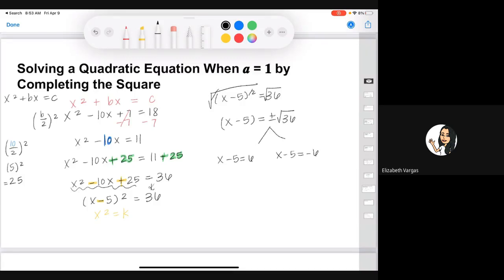And so now I can solve for my x's. Plus 5, plus 5, plus 5, plus 5. This x is equal to 11, and this x is equal to negative 1. So that's how you solve.